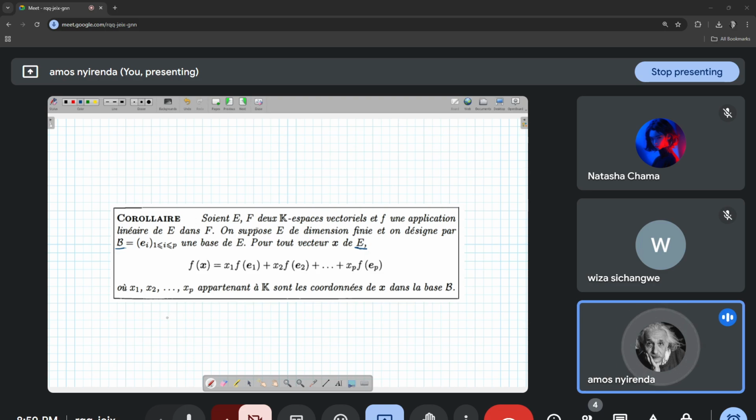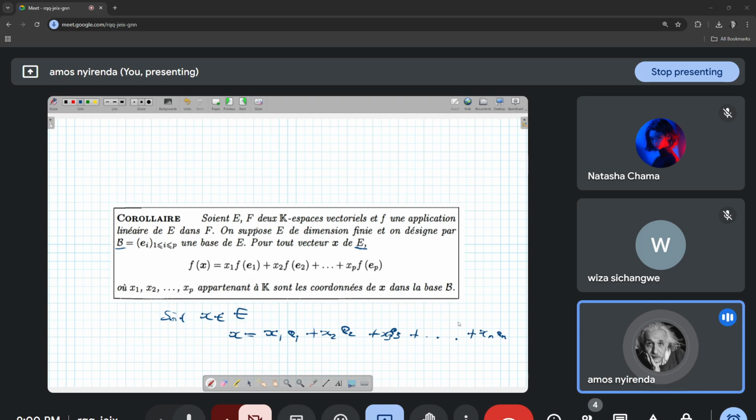Now automatically any element, so quel que soit x, any element x that I take in E can be decomposed in the following way: x1 e1 plus x2 e2 plus x3 e3, and then plus dot dot dot, and then plus xn en. Why is this so?